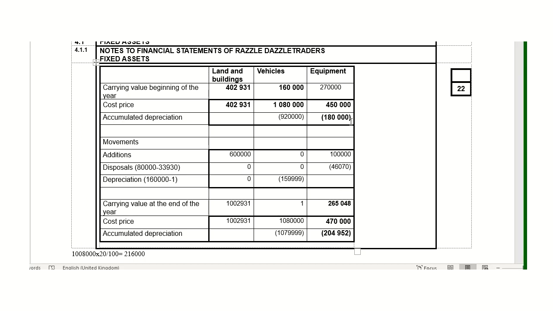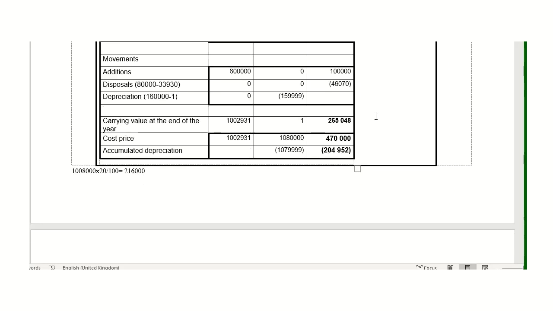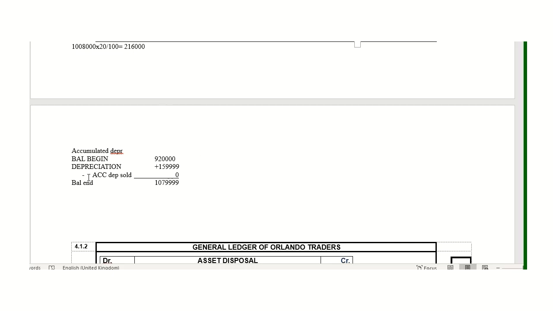So let's go back to my formula, let's get that one back. Good. So if I look at the formula that we used when we did the vehicles, let's just take the figures out of there.